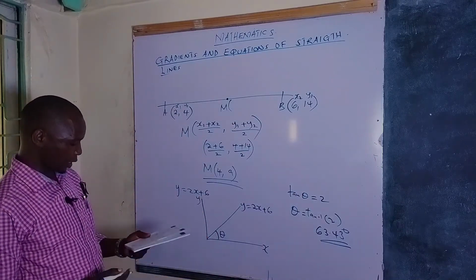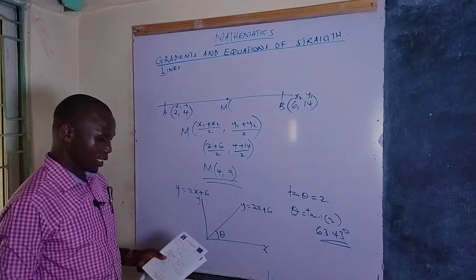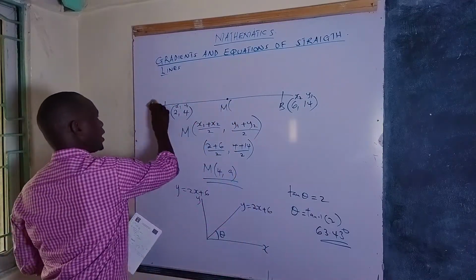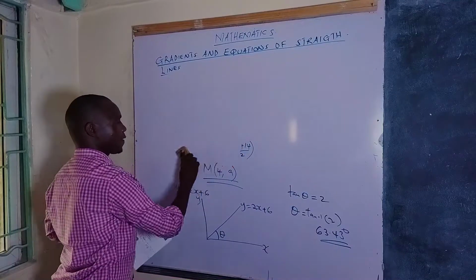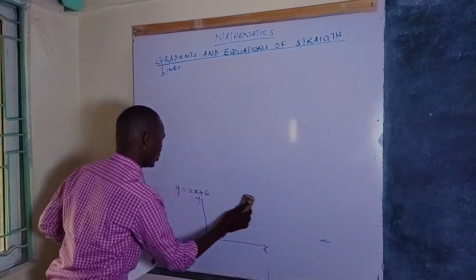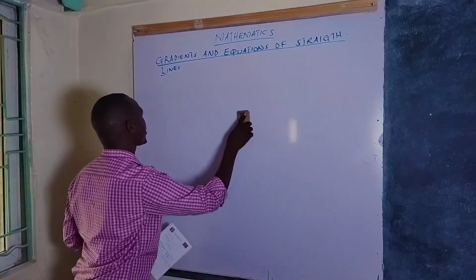And that is the answer in case you've been told to calculate the angle that line makes with the x-axis. To help us understand these concepts, let me summarize what we have done before I give you a question to help you understand this topic.